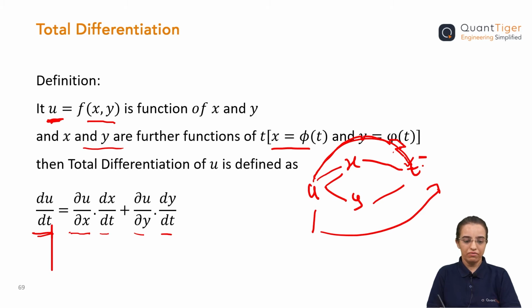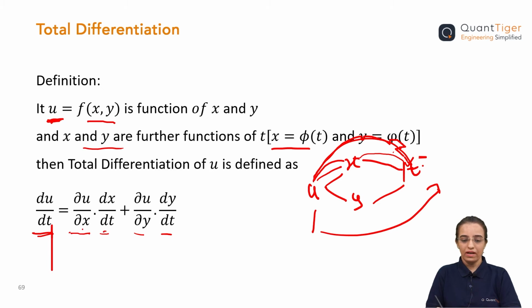So we have written first del u by del x and then dx by dt, because from u to x, that is del u by del x. Why del? Because u is a function of x and y, it's more than one variable, so we are using del. Still we have to reach t, so one more dx by dt. Since x is just a function of one variable which is t, we can write dx by dt. So that's how we reach from u to t.